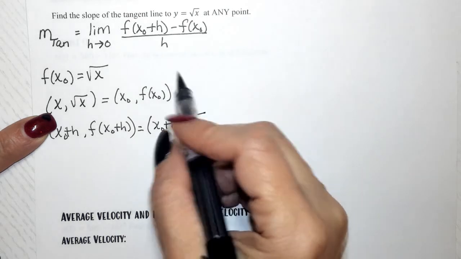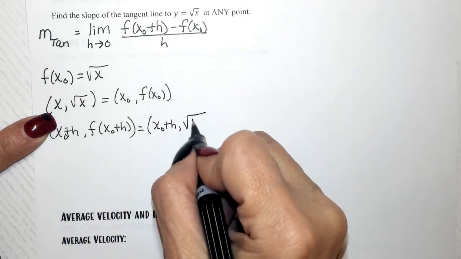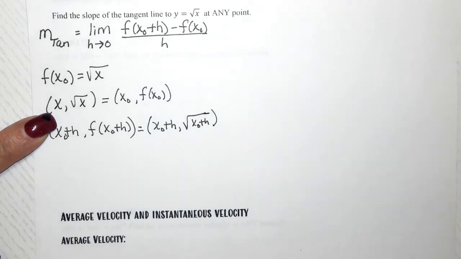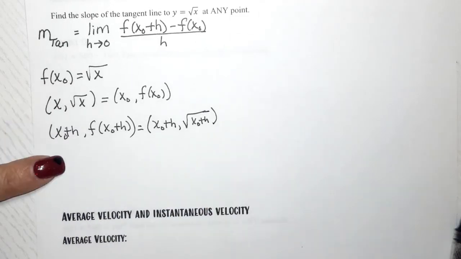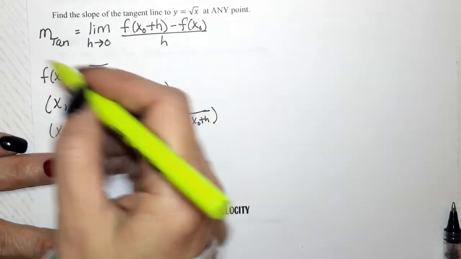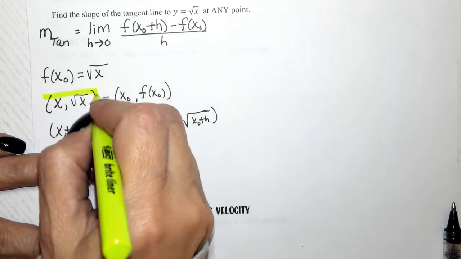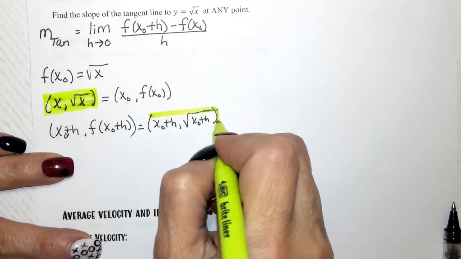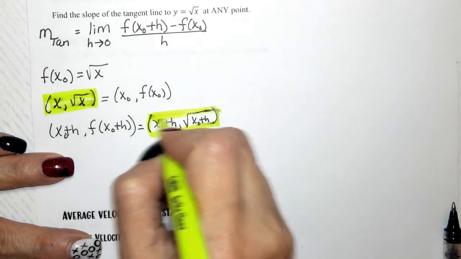Since it's the square root of x, we'll just say x naught plus h underneath the radical. That was actually not too bad, right? So I'm going to highlight those, even though I put them backwards. Here is the one point. Here is the other point.